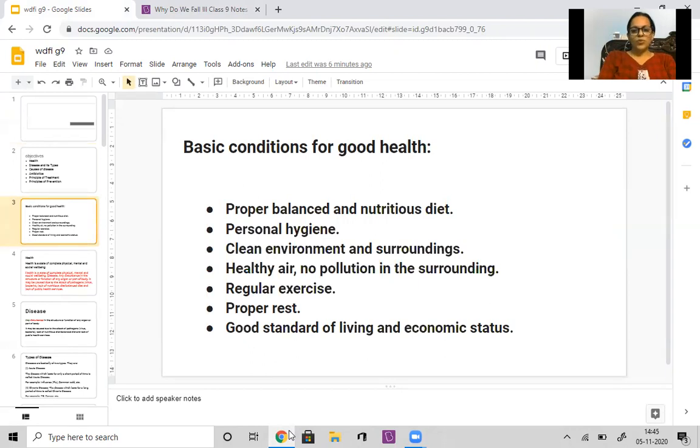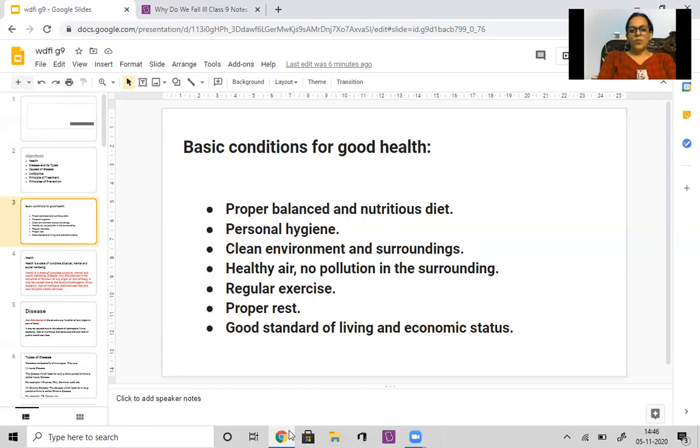As a student, nowadays you are all feeling sick, sitting at home for the last 7 months. Now, some of you have playgrounds nearby your colonies or residential areas.